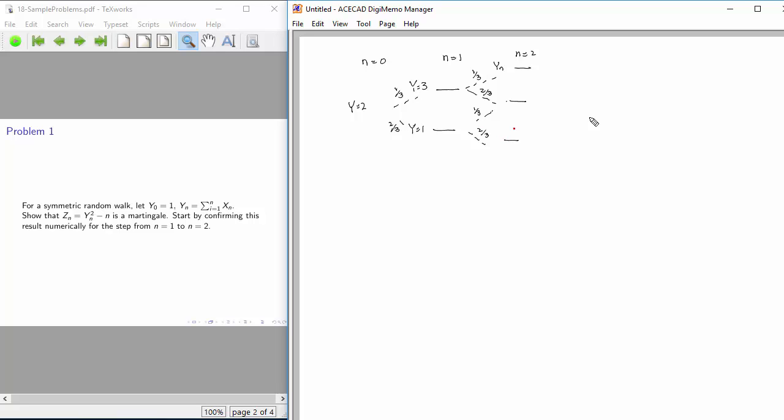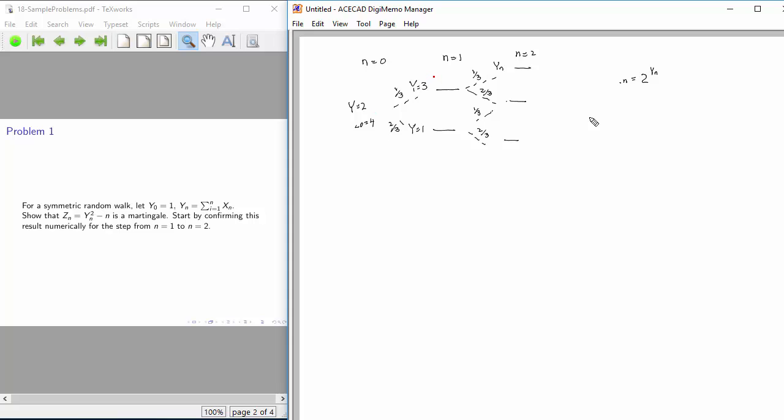Okay, now, here is the remarkable martingale. Z sub n equals 2 to the y sub n. So, here we have z0 equals 4.